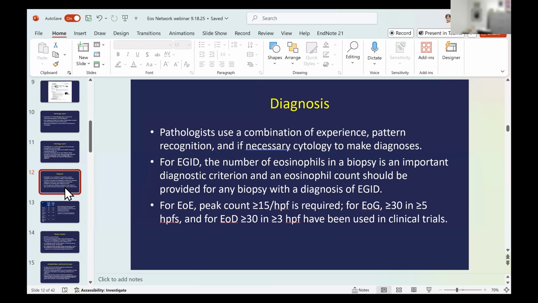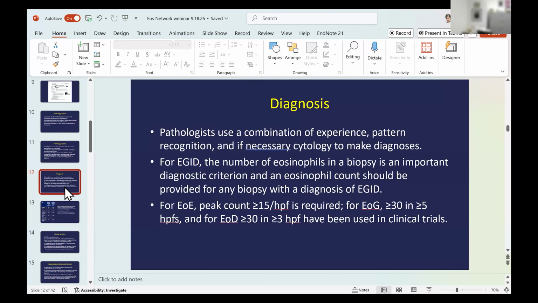And for eosinophilic esophagitis, the peak count that we look for is greater than or equal to 15 eosinophils in a high power field. It's not the best of criteria, but we've come a long way with 15 eosinophils in a high power field.